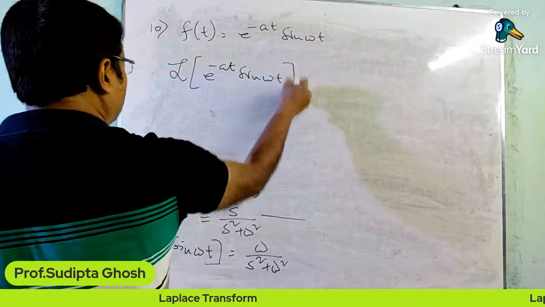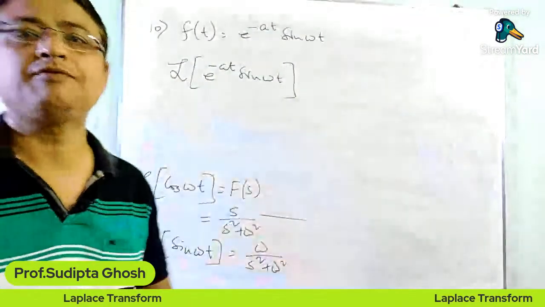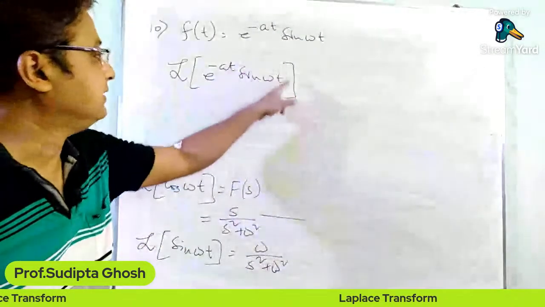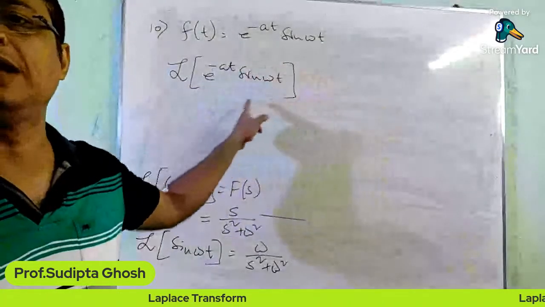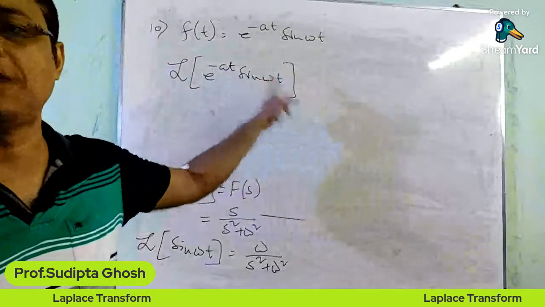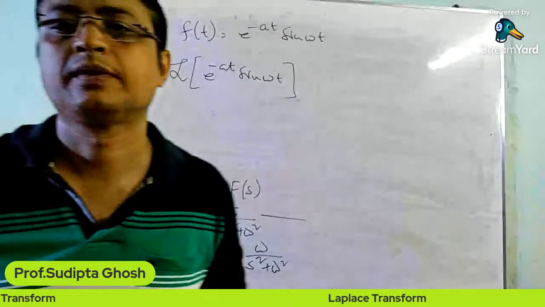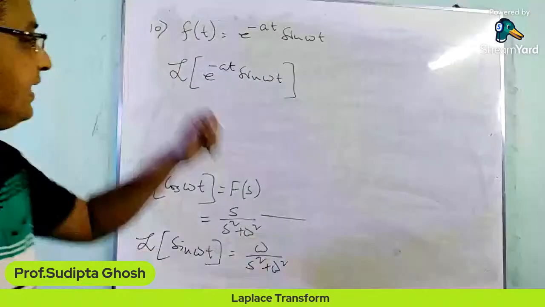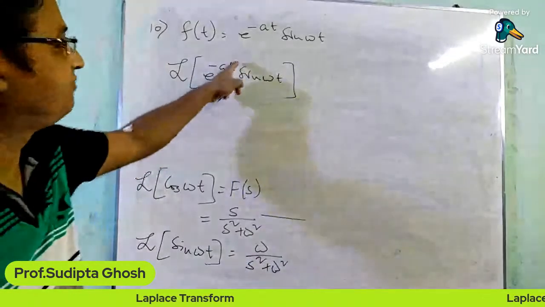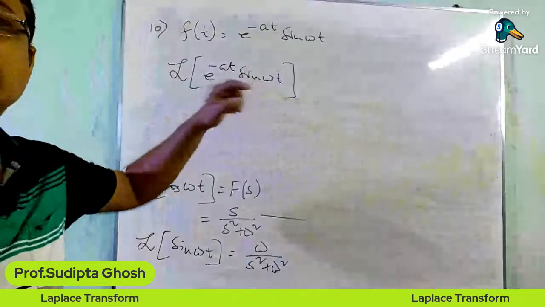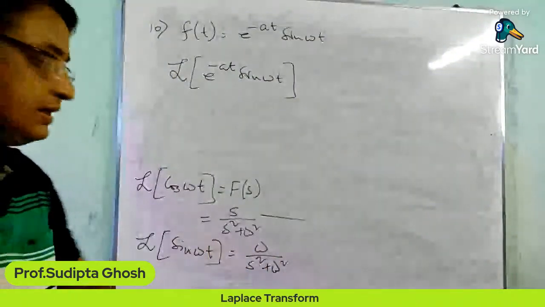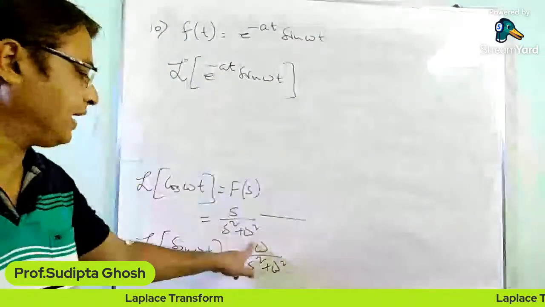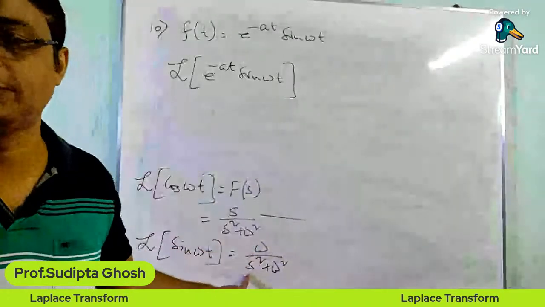You have to consider this value as the original function. Now, if this is the original function, the transformation value is known to you: it equals omega by s square plus omega square.